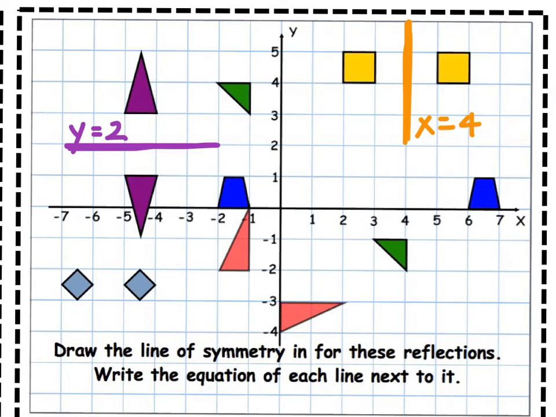So I'm going to count over 3.5 units from the left-hand side here. So 1, 2, 3.5 is going to be right in between that 2 and 3 here. So the line is going to be right here. And it hits the axis at 2.5, so it's going to be x is equal to 2.5. That's the equation of that line.